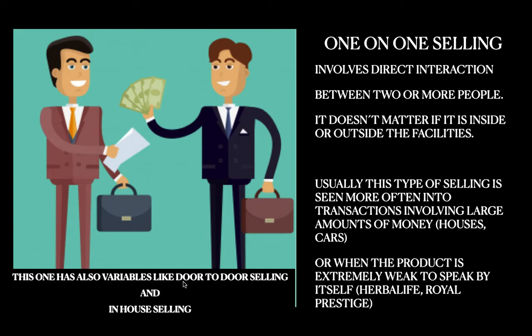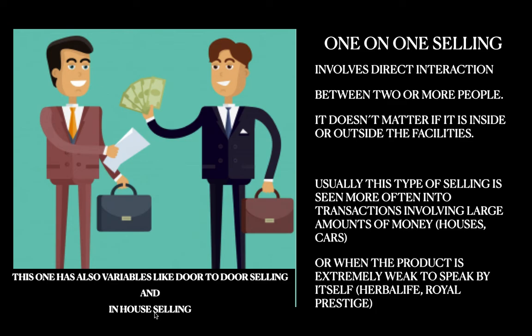One variant of one-on-one selling is door-to-door and in-house selling. The door-to-door, I mean, is basically when one representative of the company goes to the houses to offer the products, like a bond. Yeah, it's like a bond actually. They have the door-to-door selling, okay?